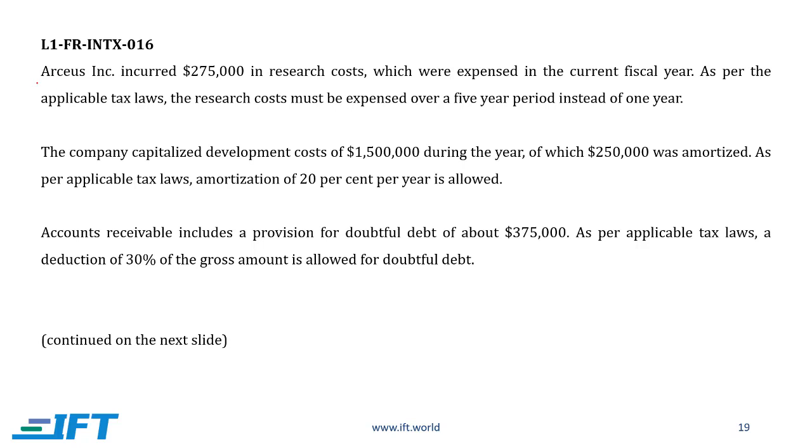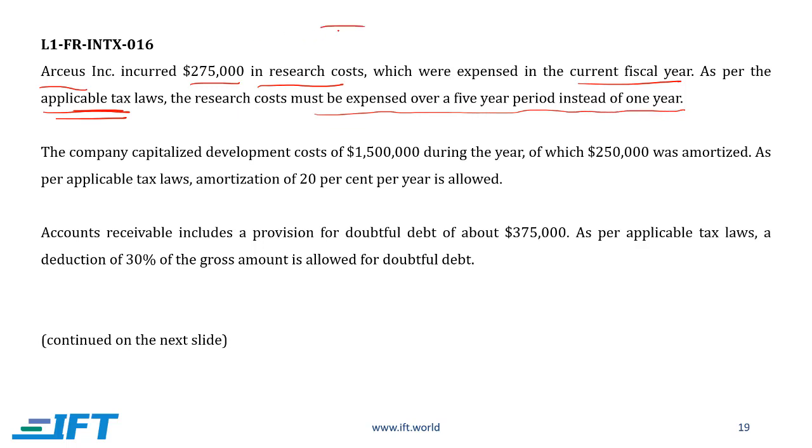So there is this company, RKS or RCS, that incurred $275,000 in research cost, which was expensed in the current fiscal year. As per the applicable tax laws, the research cost must be expensed over a 5-year period instead of 1 year. So what is happening?